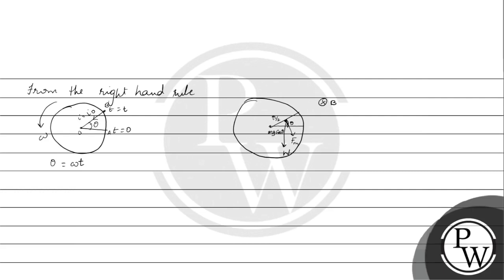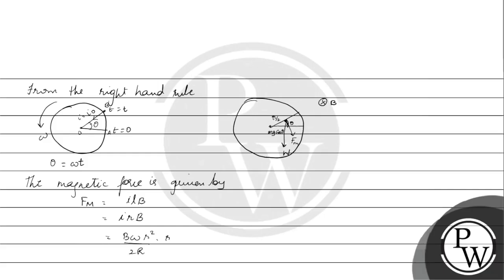So we will have the magnetic force. The magnetic force is given by Fm is equal to I into L into B. So in this case it will be I R into B. तो I का वैल्यू हमें मिला B omega R squared by 2R.